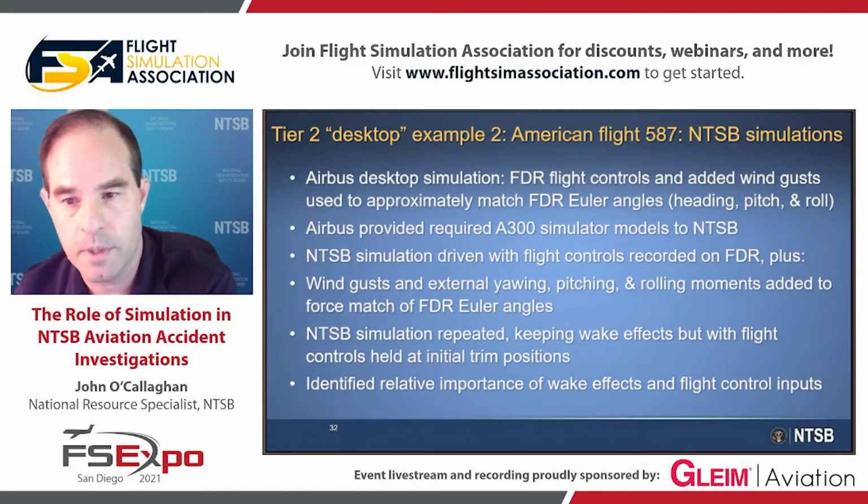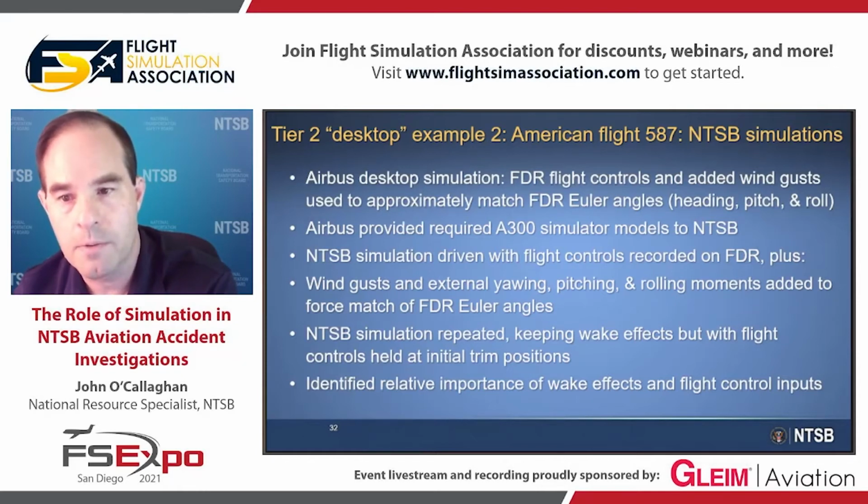Like the Airbus simulation, the NTSB simulation was driven with the FDR flight controls and tailored wind gusts, but also incorporated external pitching, rolling, and yawing moments to account for additional effects of the 747 wake and force a better match of the recorded Euler angles.